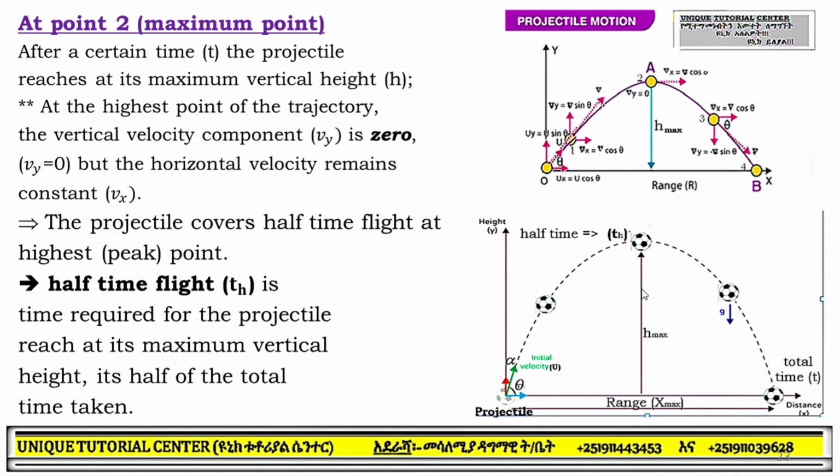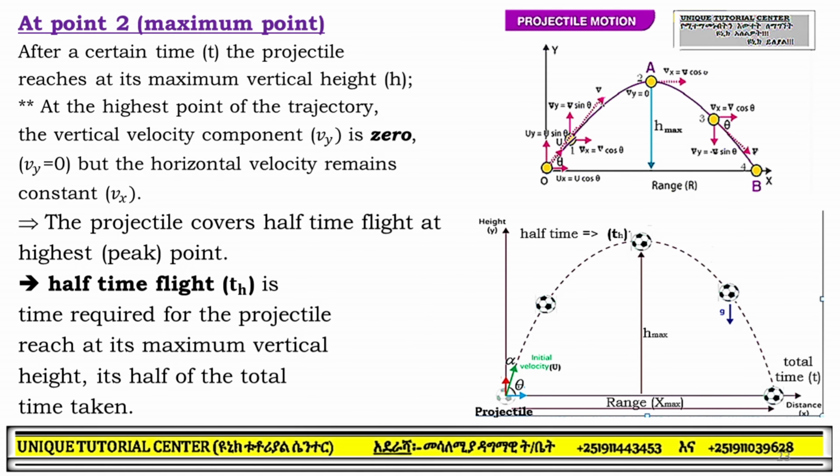The time to reach the maximum horizontal displacement, or range, will be twice the half-time of flight, which we call the total time of flight. So at maximum vertical height we have half-time of flight, and at maximum horizontal displacement we have total time of flight.